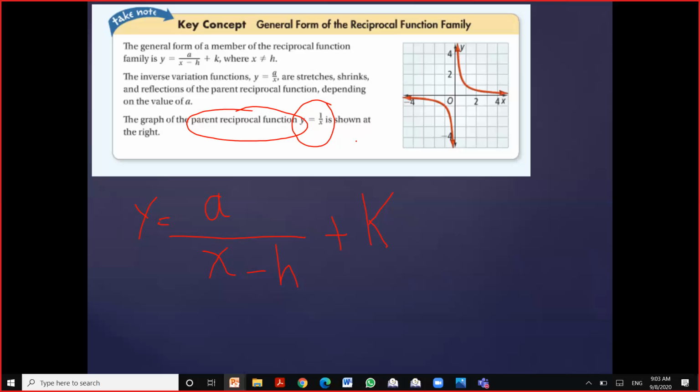So I will repeat, y equals 1 over x is called the parent of the reciprocal function. The general form of the reciprocal function is y equals a over x minus h plus k.